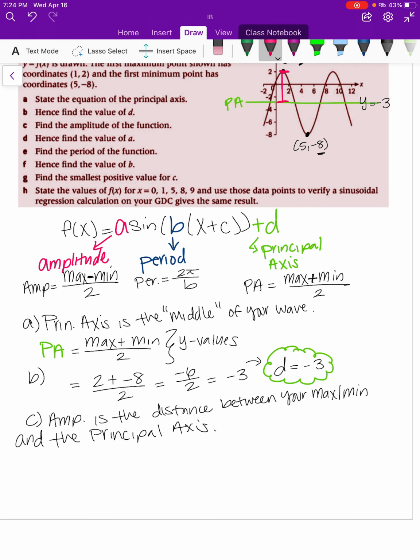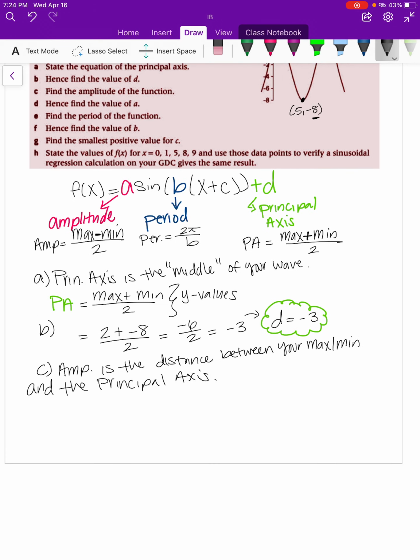So here what we're going to do is we're going to say, okay, well, I know that amplitude is equal to my maximum minus my minimum. And remember, I changed this formula earlier. And once again, this deals with y values. When we're talking about max or min in general in mathematics, you're mostly talking about the y values of a graph.